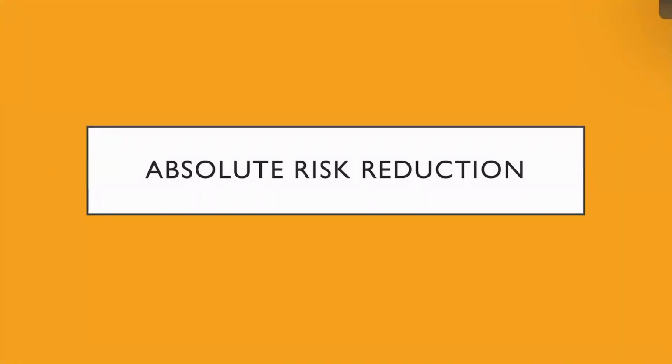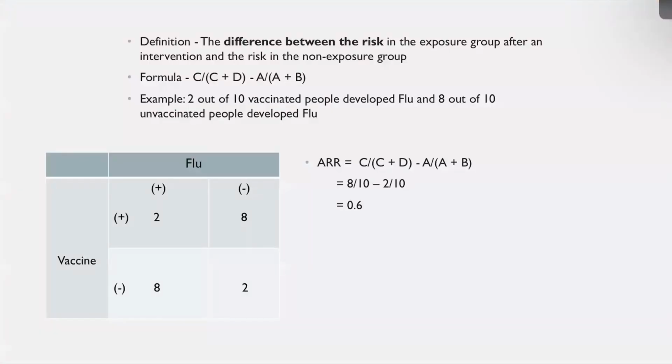Then absolute risk reduction. It is basically the difference between the risk in the exposure group after an intervention and the risk in the non-exposure group. Here also you're basically subtracting, and whenever you're given these kinds of questions where you have to calculate the absolute risk reduction or the attributable risk, just remember to subtract the smaller amount from the higher amount.